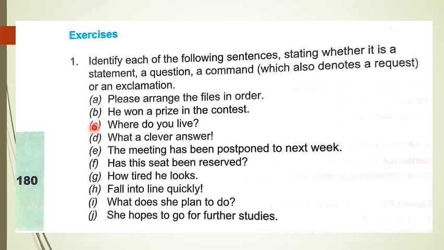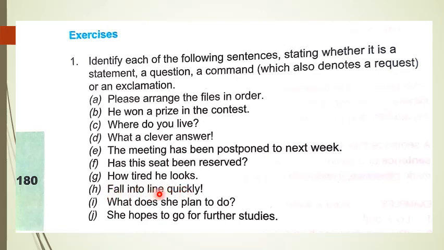Sentence number C, where do you live? So we see here, dear students, that there is a question mark at the end and it is asking a question. So this is definitely an interrogative sentence. Okay, let us practice sentence number H. Fall into line quickly.